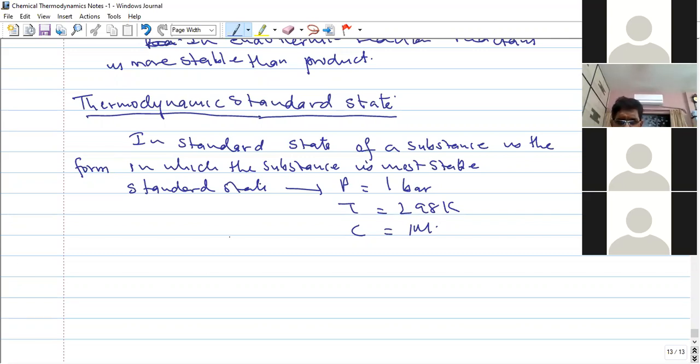Standard enthalpy in standard state. That means enthalpy of a substance at standard condition. वो कैसे लिखते हैं? H°. H naught. That means standard enthalpy. और खाली H रहेगा तो enthalpy.